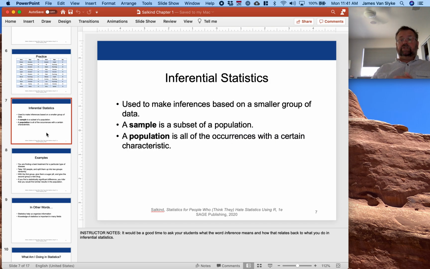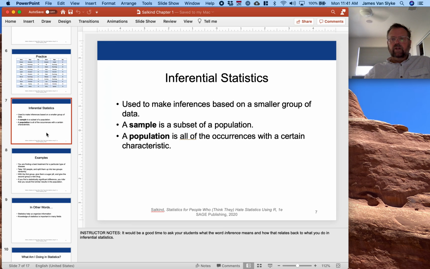Now, inferential statistics are slightly different because they are used to make inferences based on a smaller group of data. By inference, we mean that we're taking a smaller group of data to help us understand or describe a larger data set, or to make inferences about what's going on in that particular data set.